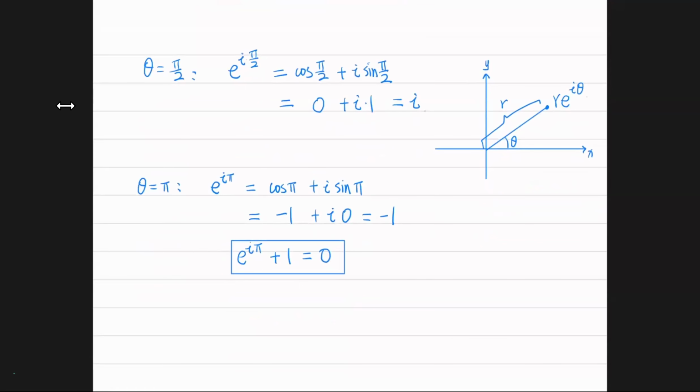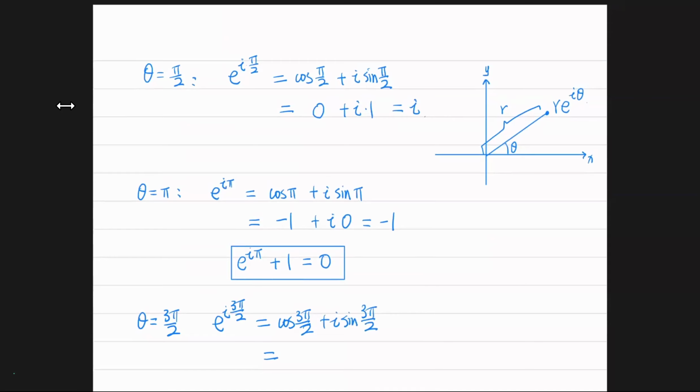Okay, next one, theta is 3 pi over 2. That's cosine 3pi/2 plus i sine 3pi/2. Teacher, on the previous one, why is the cosine of pi -1?